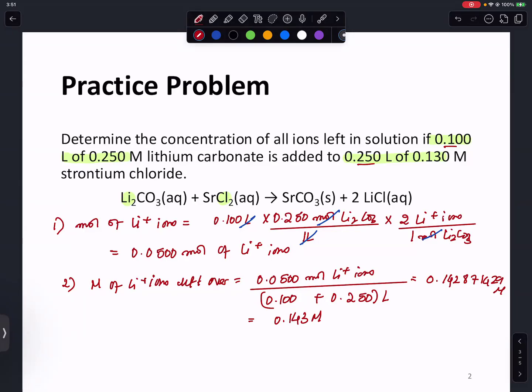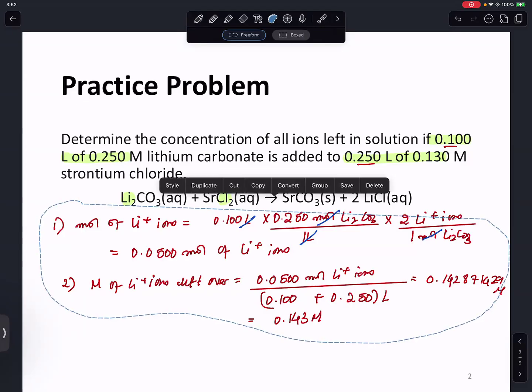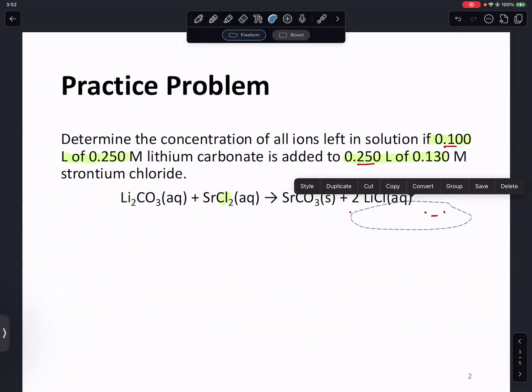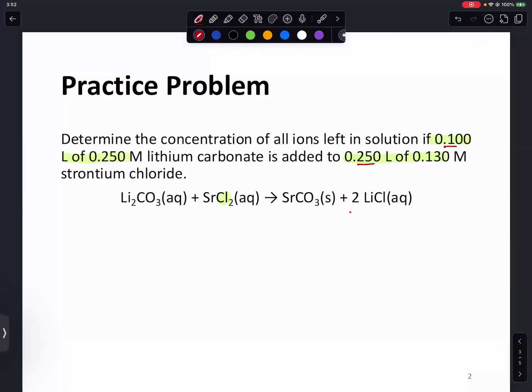Now, we'll do the same exact procedure for the molarity of the chloride ion. So let me clear the screen here, and let's start by doing the same thing for the chloride ions.